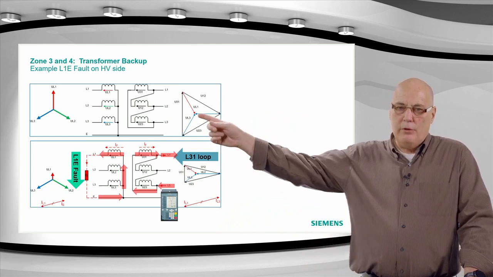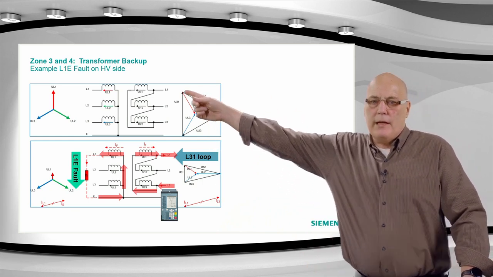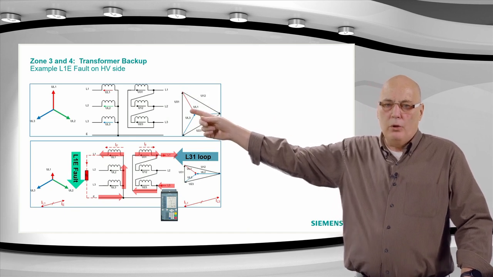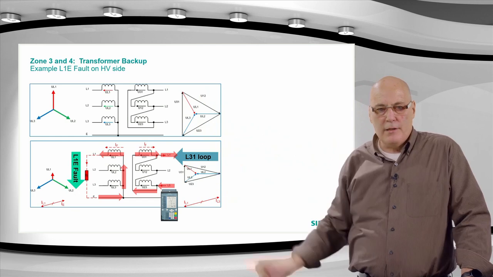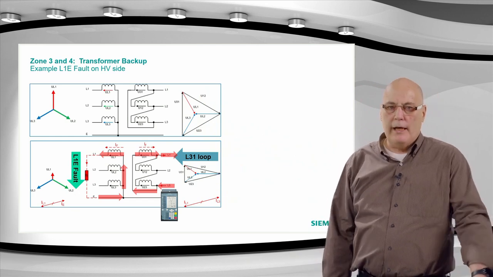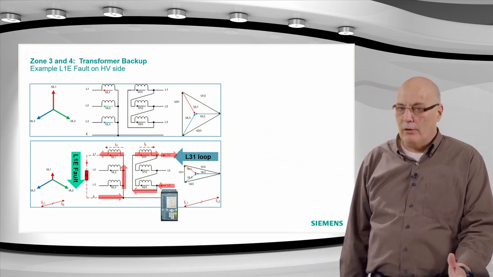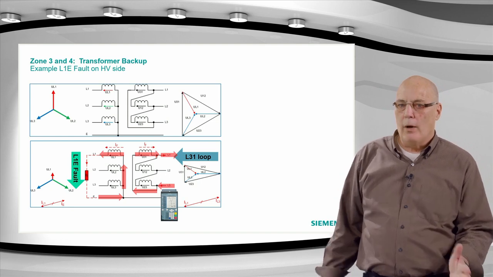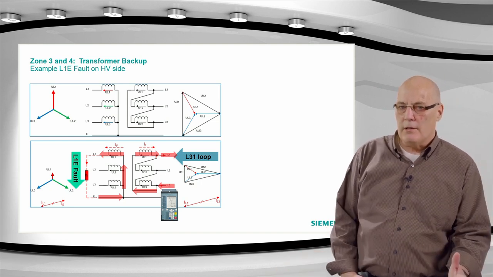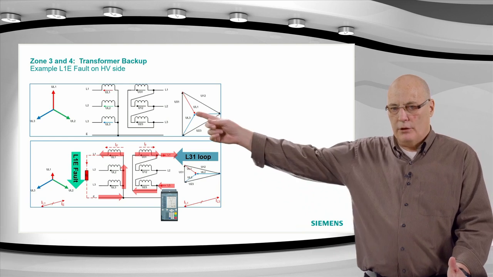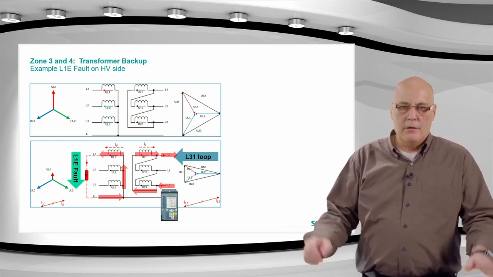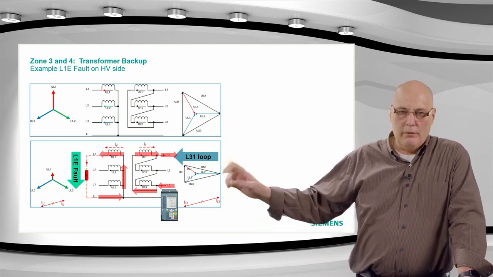If you think of a watch, that's the center of your clock, then it's pointing to about 5 o'clock, right? And on the left-hand side, the star side, the HV side, the L1 voltage is at 12 o'clock or 0. This would be a YD5, okay? Because the Y is at 0. And on the delta side, the LV side, the L1 voltage is at 5 o'clock, just for an example. But that's not important for us now.